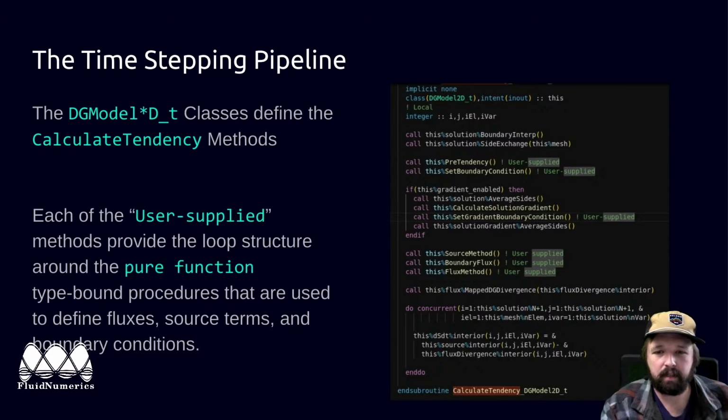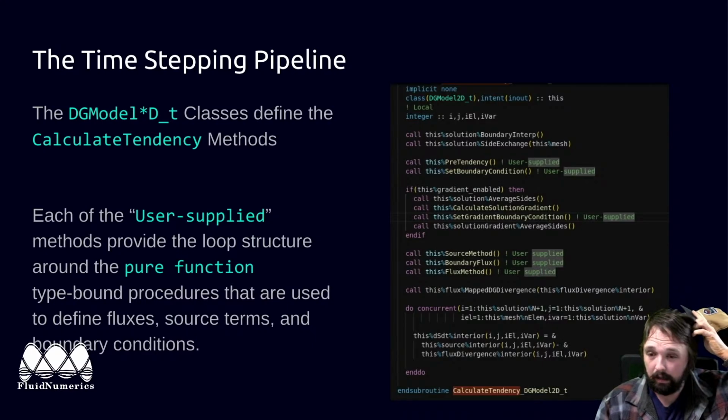The next bits here are these user supplied methods. I guess I could have labeled these abstract-ish because they're defined in the DG model 2D class. But inside of there, what we have provided for you is loop structures that you might not want to know about or care about unless you're really trying to drive for performance.